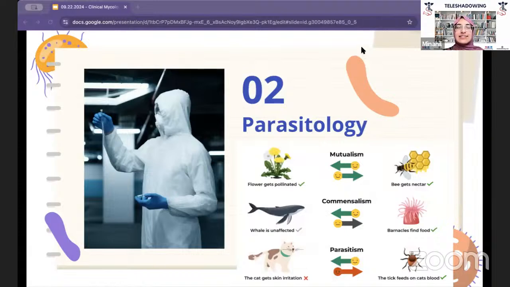Now that we've talked a little bit in depth about mycology, we're going to talk a little bit about parasitology. You might remember, I remember learning this in middle school and again in high school, something called symbiosis. Symbiosis is basically a long-term interaction between dissimilar species that live together in a biological association.